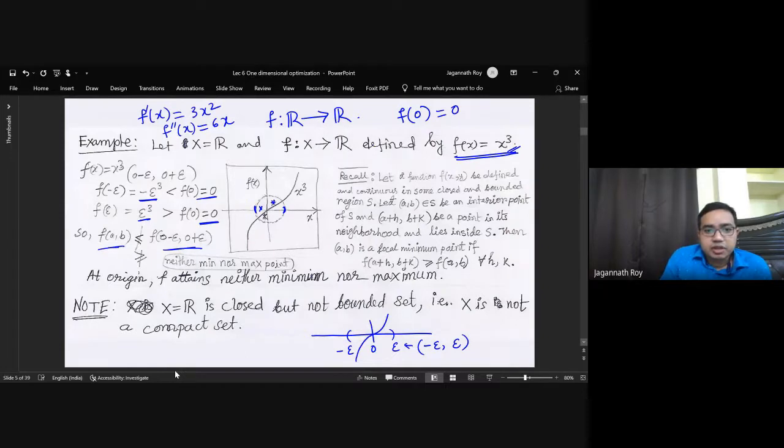So this is not an extremum point, neither a local minimum nor a maximum. The reason is that we have considered the whole set. The main reason is that this real number set is a closed set, but not compact.